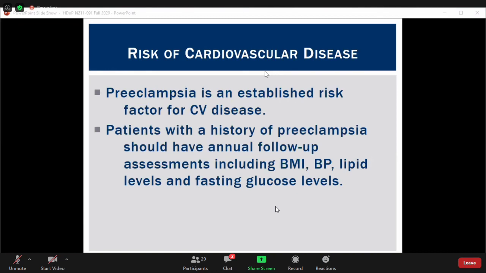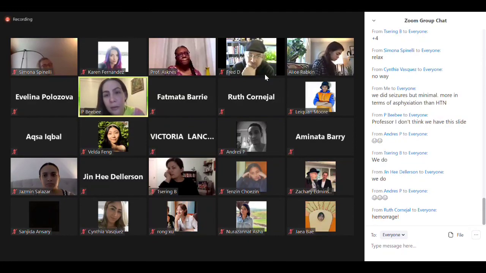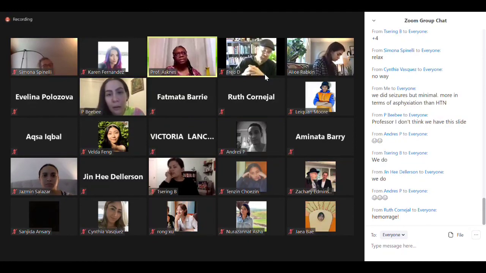So in terms of the different grades of the placental abruption, is the grade 3 always concealed? Not always. Because if you look on the diagram that you gave us, it's concealed.